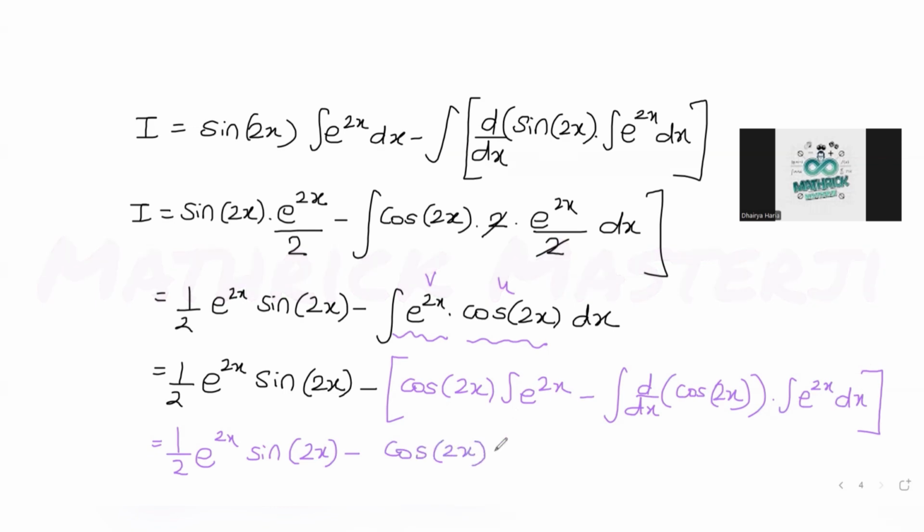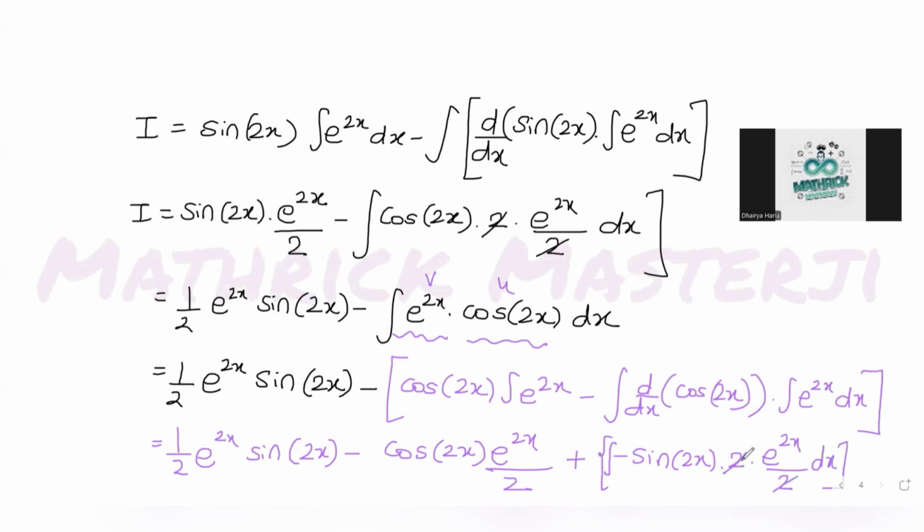The integral of e raised to 2x is e raised to 2x divided by 2. Minus minus makes it plus. The derivative of cos 2x is minus sine 2x into 2, because the derivative of 2x is 2. The integral of e raised to 2x is e raised to 2x over 2. You have to find the integral of this entire thing also, so the integral with respect to dx.